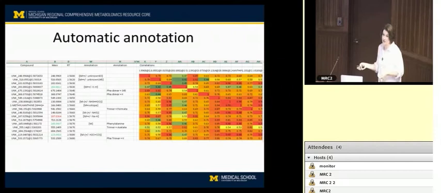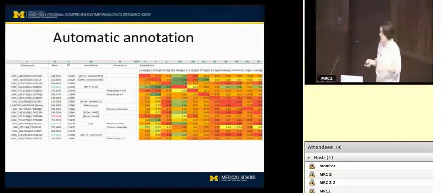We don't know what it is, but it's exactly 83.0969 down to the 3rd or 4th decimal place every time. So anybody using this software can customize it to their own experiment by looking for repeated losses or repeated adducts that they see over and over again.